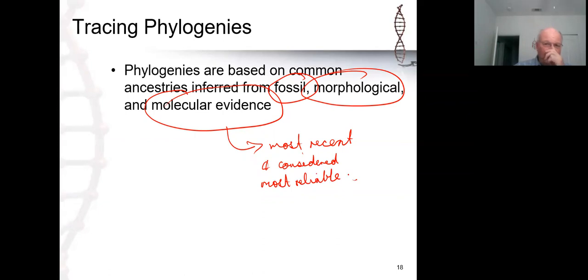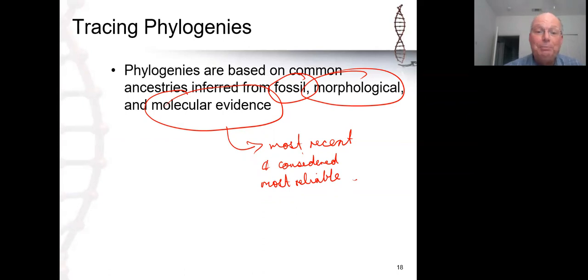So why have I put that statement in here? Well, fossil evidence and morphological evidence is subject to subjective analysis. Do these bones look exactly the same? Are there subtle differences that I can identify that would suggest that they are different species?